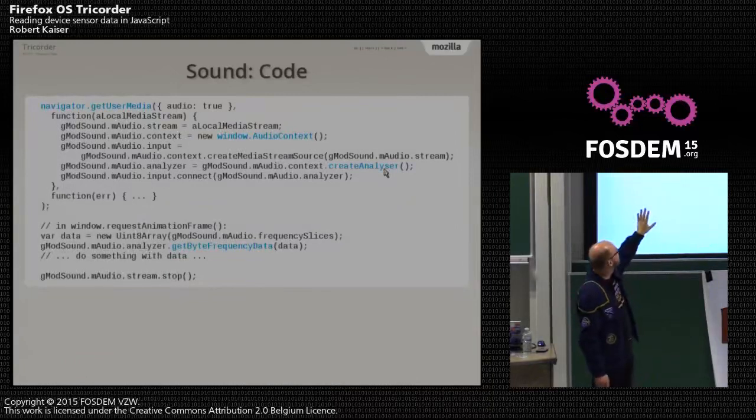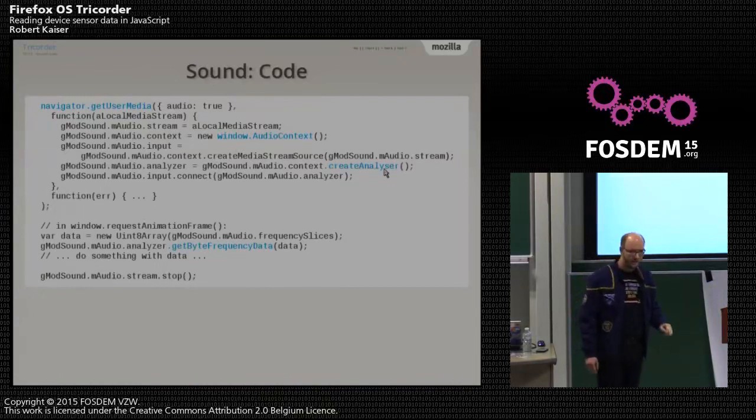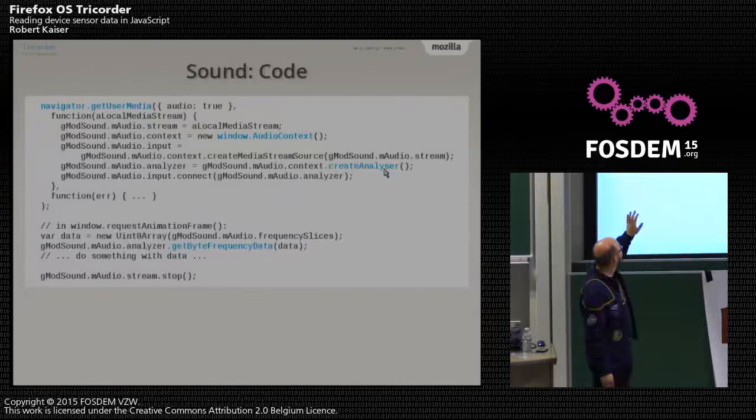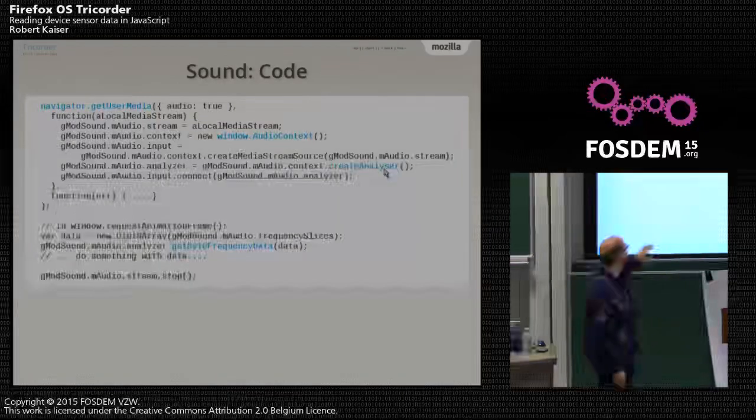We only want an audio stream so we hand over audio true, and then a callback function that is actually called with the stream we get as an argument. So inside of that, we set up the audio context for Web Audio, and that's where it's a little bit more difficult.